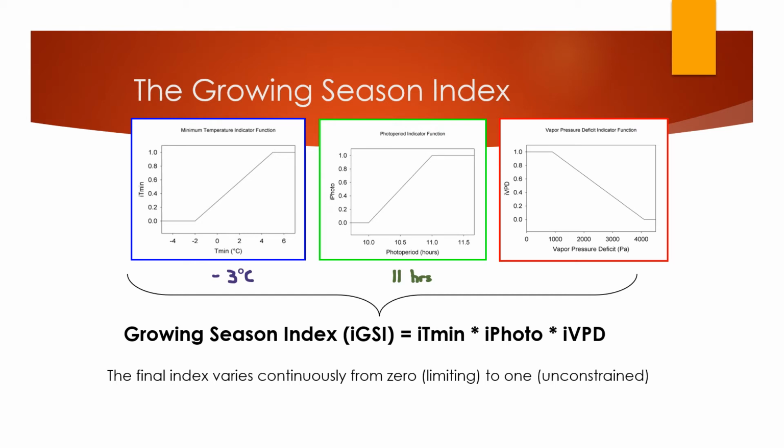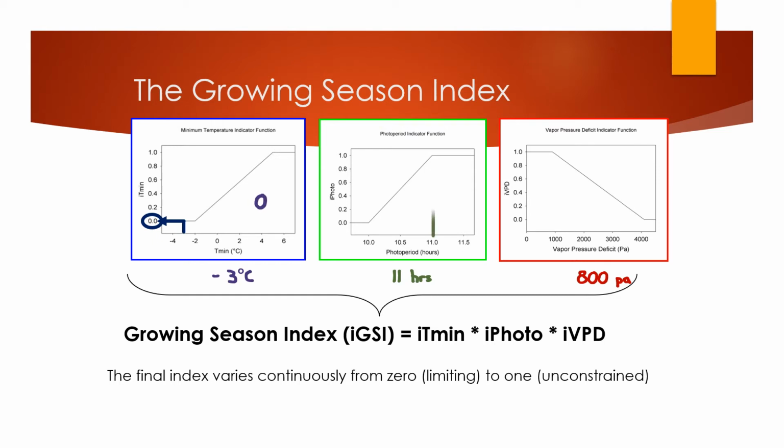And the vapor pressure deficit was 800 pascals. If we look at how these functions work, we would say that we put this -3 into this function, and -3 is down here, which is below -2, which gives this indicator a functional value of 0.